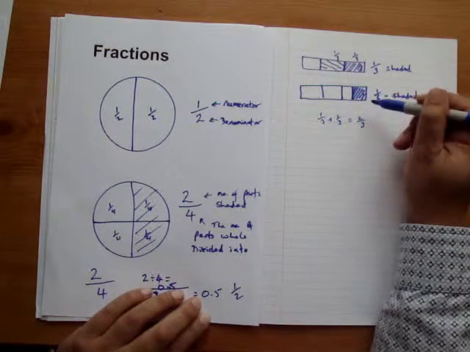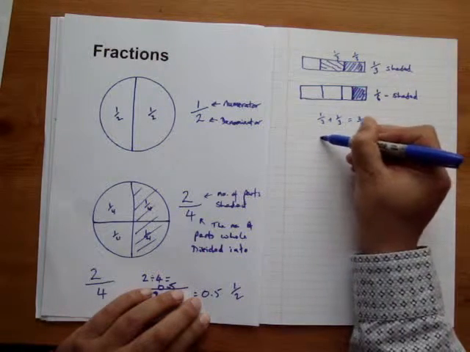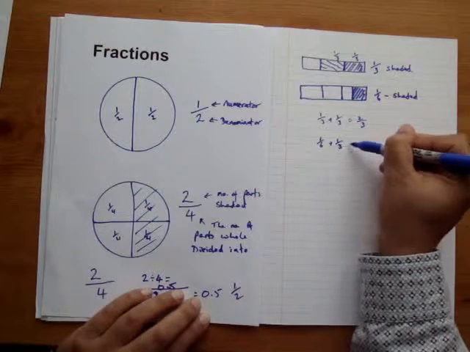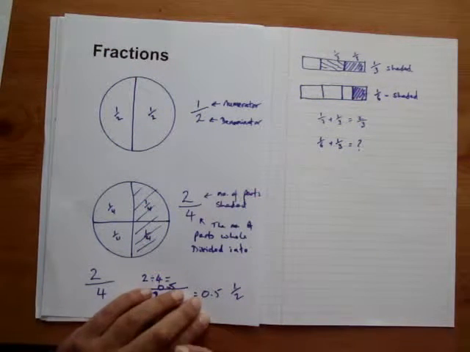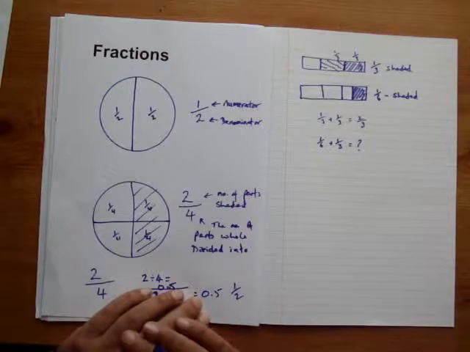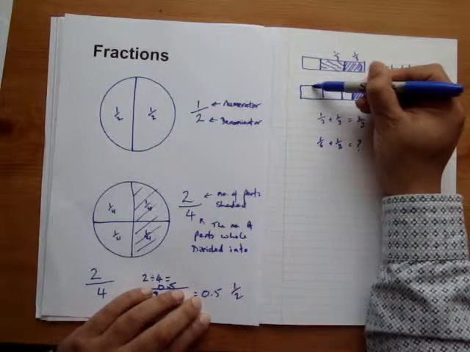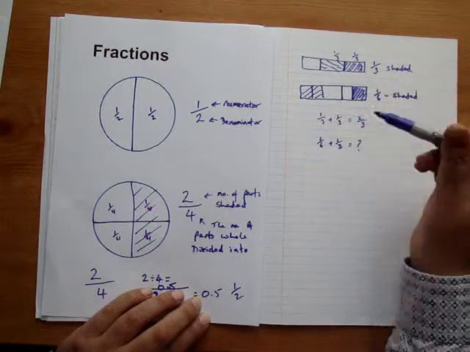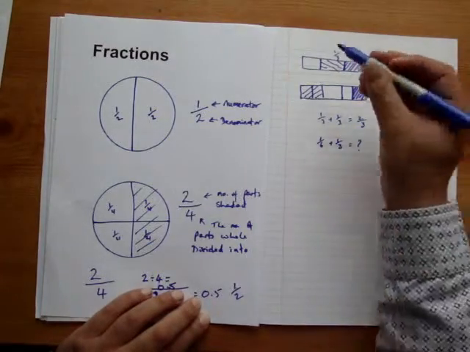In this one, it's quite hard to see what's going on. So if we're adding 1/6 to 1/3, it's quite hard to see what we're doing. However, if we divide another third into 6, so that this is the 1/6, this is the 1/3.